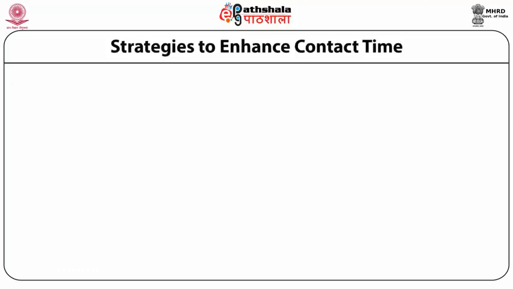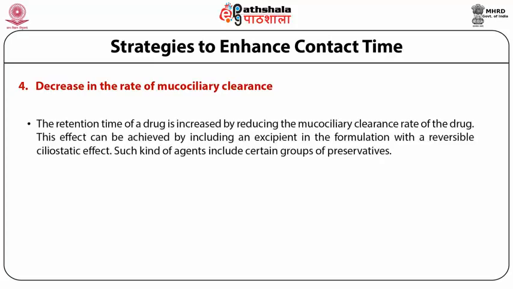Another strategy which can be very clearly employed for enhanced drug delivery is the decrease in the rate of mucociliary clearance. The retention time of a drug is increased by reducing the mucociliary clearance rate of the drug. This effect can be achieved by including an excipient in the formulation with a reversible ciliostatic effect.